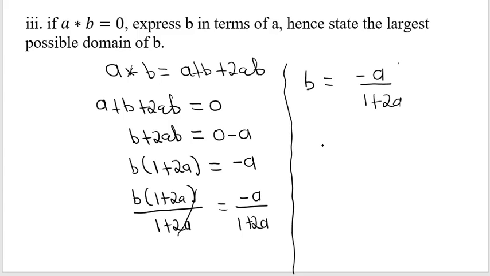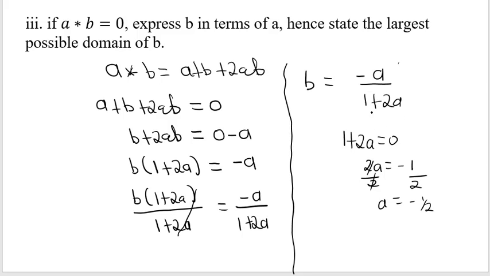Therefore, for the domain, we take the denominator, that's 1 plus 2A being equal to 0. So we just take the denominator, then we equate it to 0. We solve for the value there, that is, we solve for A there. So we are going to have 2A being equal to -1. We divide both sides by 2. Now we are having A to be equal to -1/2. So with this, another way of saying is when A is equal to -1/2, the denominator is going to be 0.